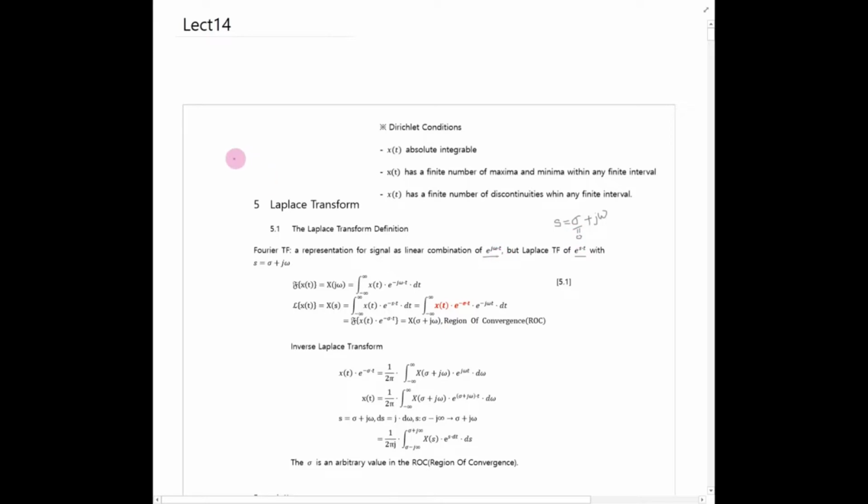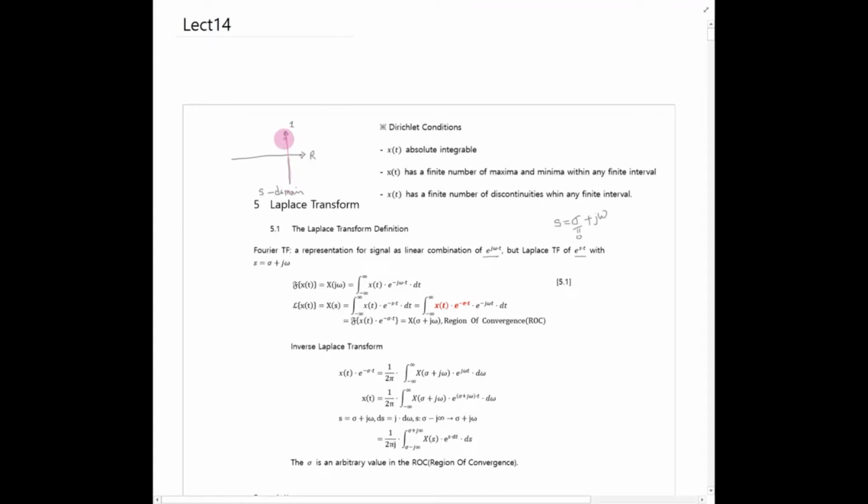In the S domain, here is the S domain. Basically, it is a complex plane. This one is the real axis, and this one is the imaginary axis. In the Fourier transform, we use only this imaginary axis.